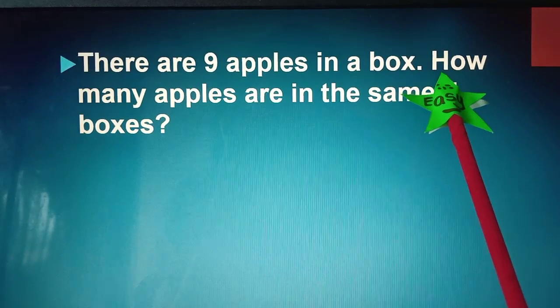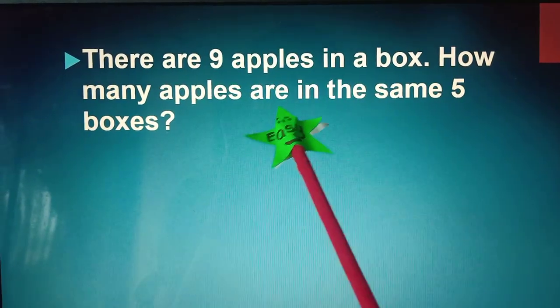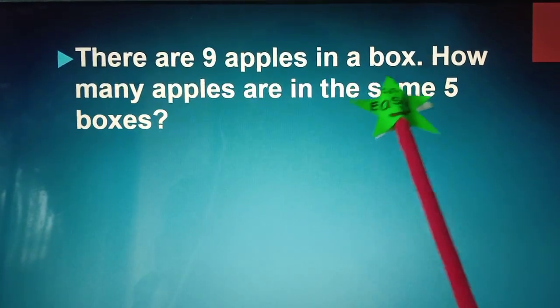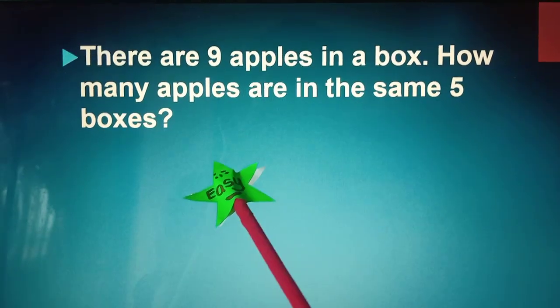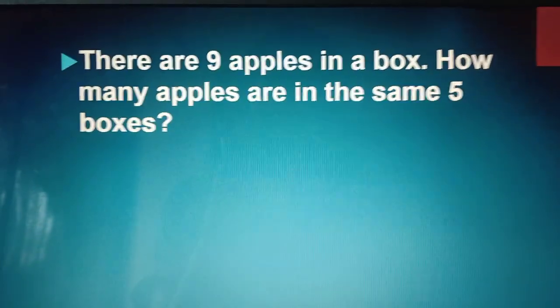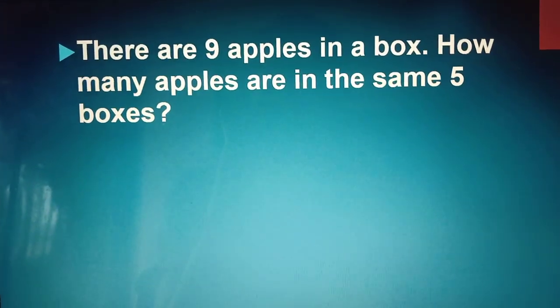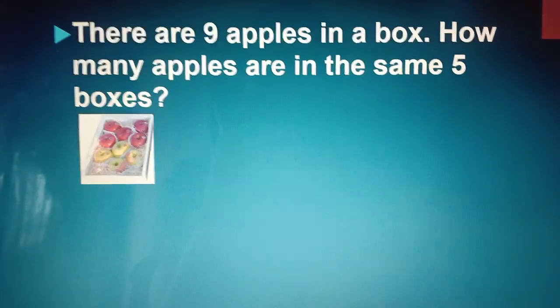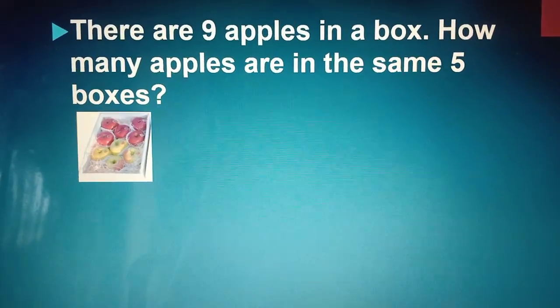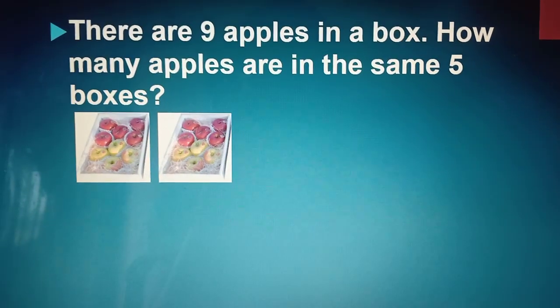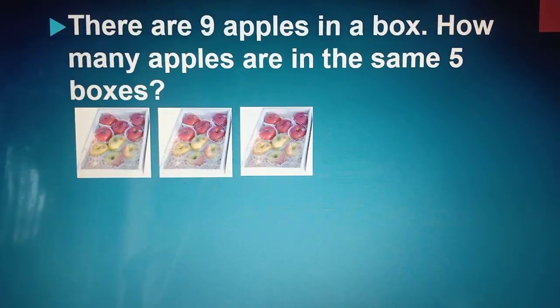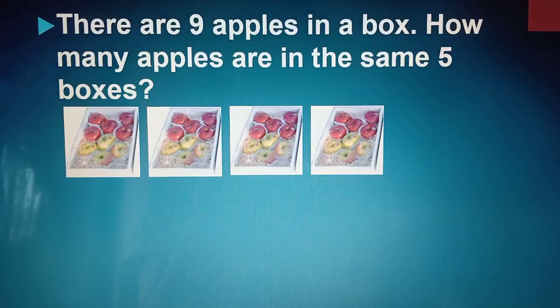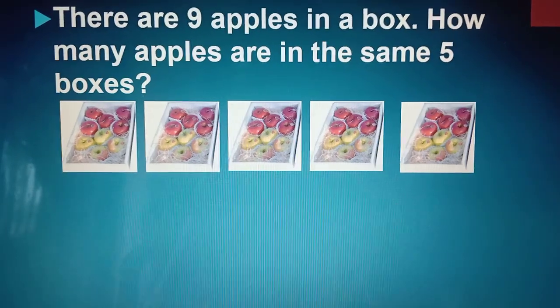Okay, what is our question? How many apples are in the same 5 boxes? It means one box has 9 apples. Another same box, 9 apples, 9 apples, 9 apples, and 9 apples.